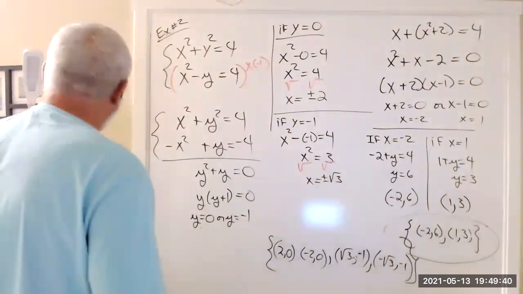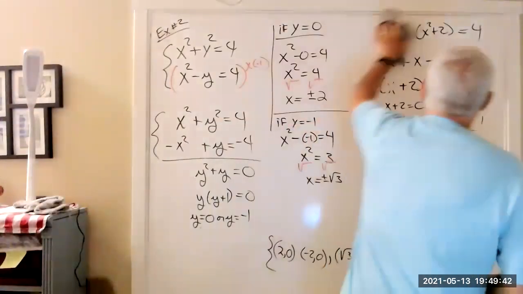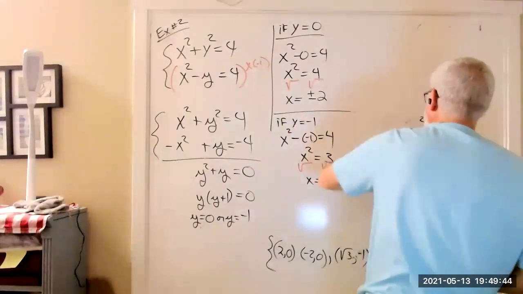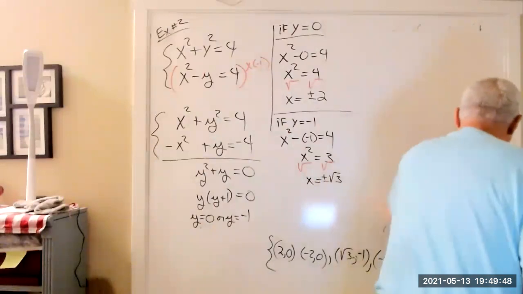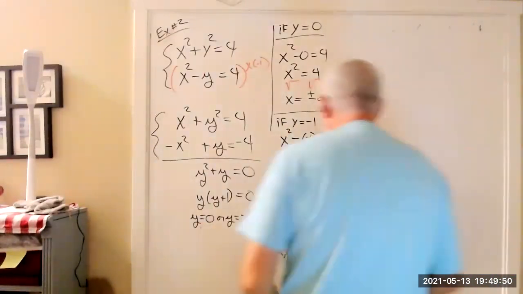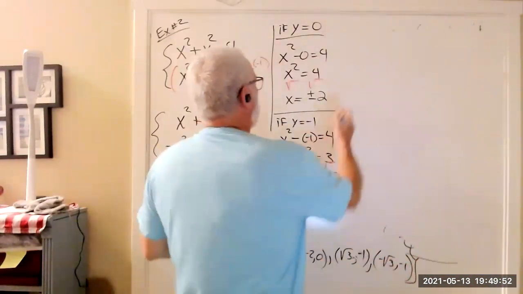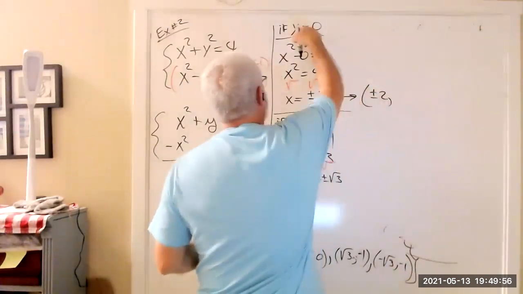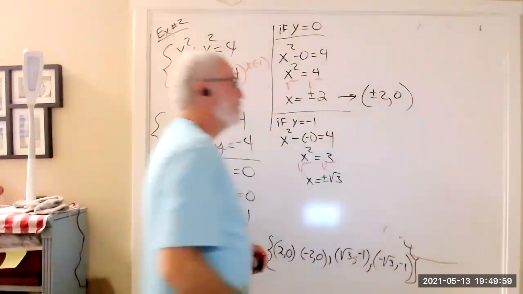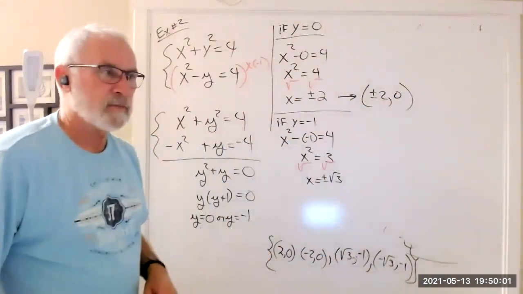Professor, didn't you show us at one point in one of those chapters that we could do positive or negative for one of those pairs? Yes. Or if you prefer to write this as plus or minus 2, comma, 0, you can.